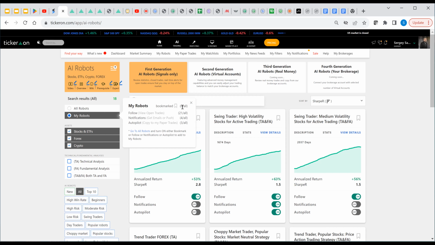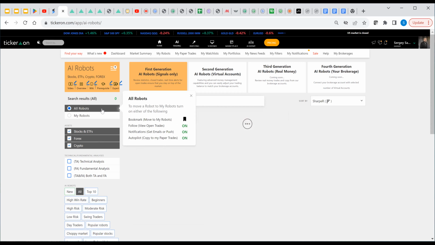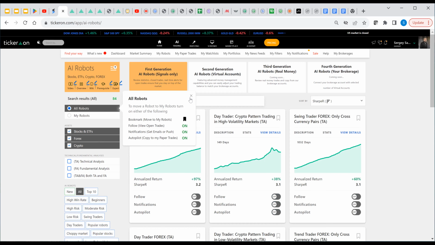you can do any of these 4 actions, and that gets the robot into the group of my robots, okay? So for instance, if it is in all, this forex one, I bookmark it, and now it is in my robots. Okay, let me go to all robots, and it's the same explanation.